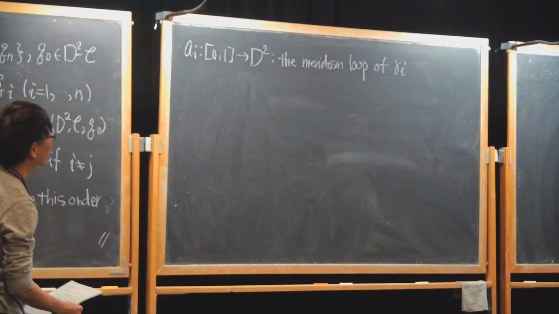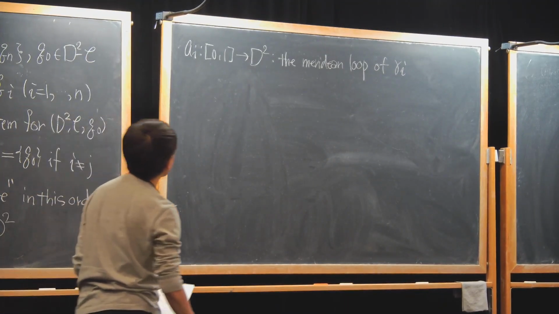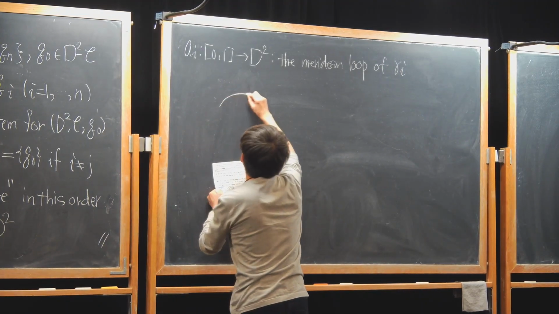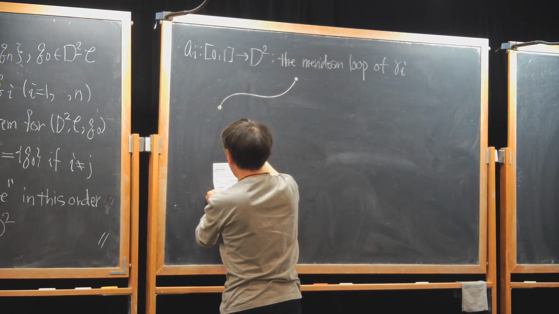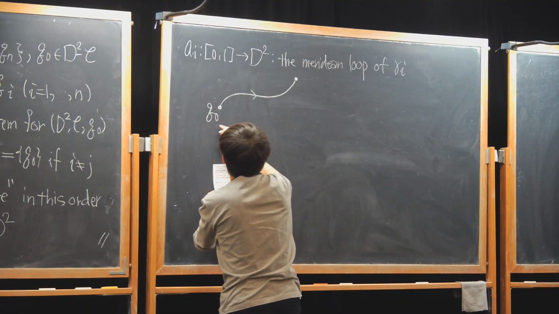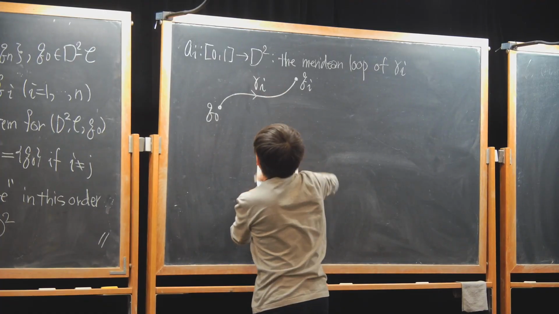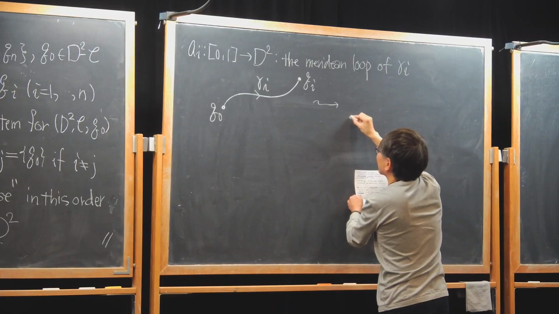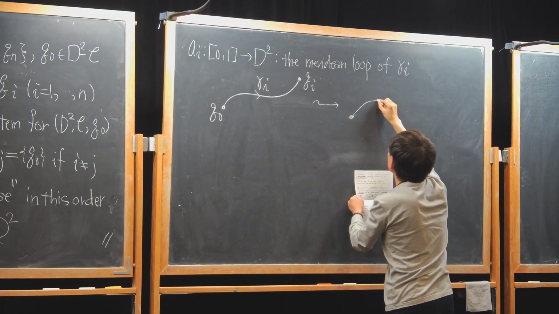I'd like to give the definition of a_i by using the figure. This path is gamma i, so gamma i is a path from Q0 to Qi. Then you can construct a loop by using this gamma i.